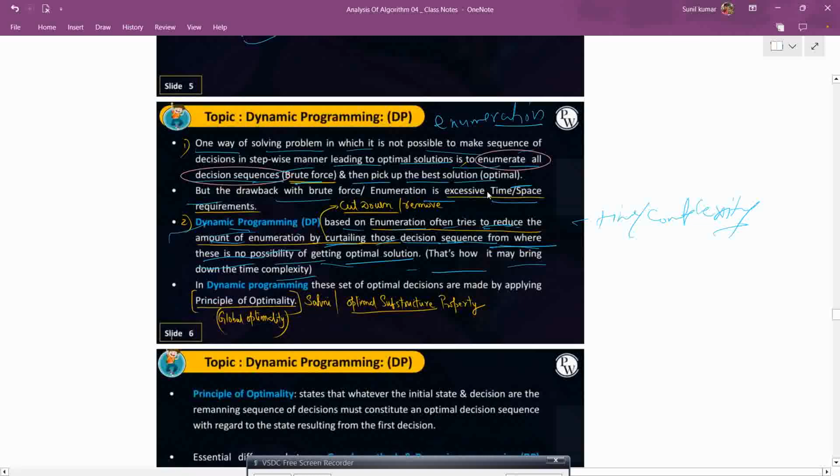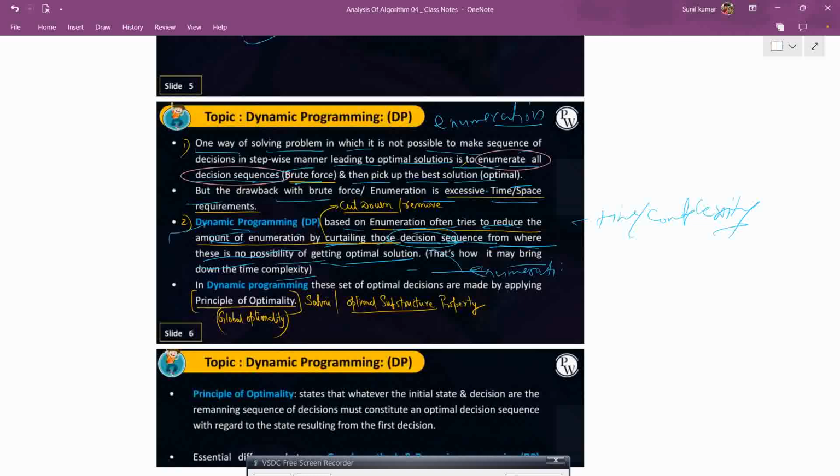For these types of decisions, we are not going to add those sequences to the enumeration.